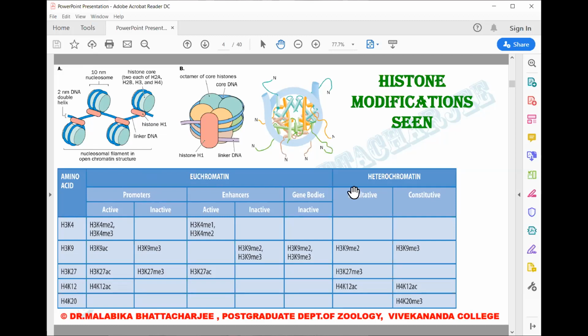So these are some of the signals that are given when we observe certain kinds of modifications.